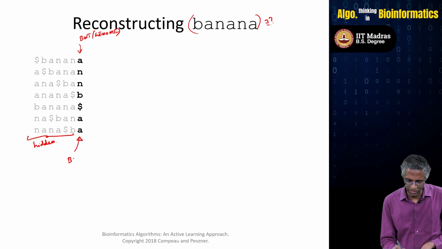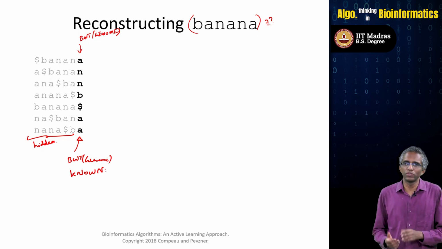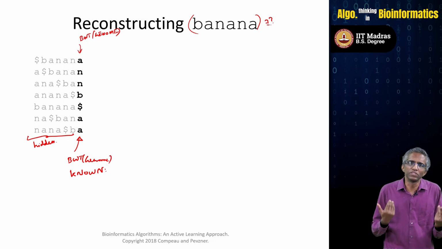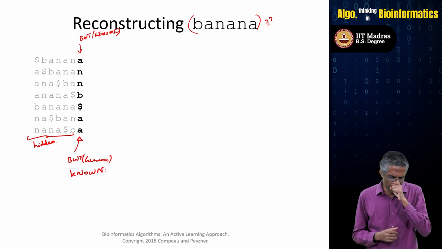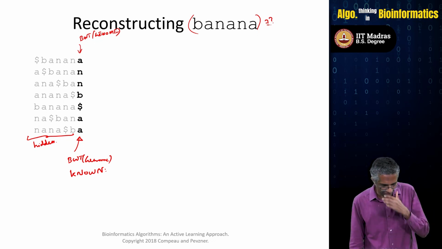So this is our last column, which is our BWT of genome. Only this is known. All the others are hidden, okay? So now the question is, can we actually reconstruct all the other hidden columns? If we are able to do that, we will know what the genome is also, okay? Because the first one is just $banana, right? Okay.